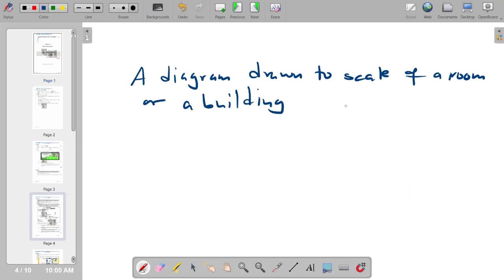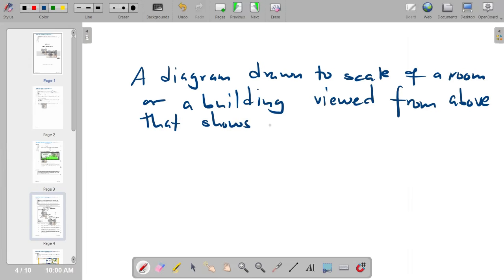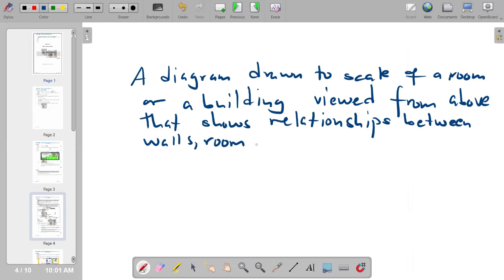Of course, this room or building has to be viewed from above, and that shows relationships between walls, rooms, and other physical features.